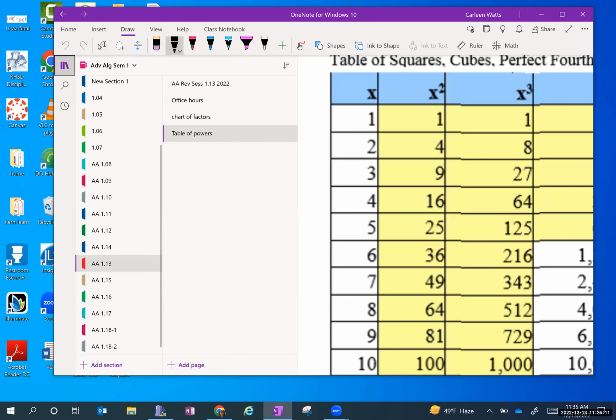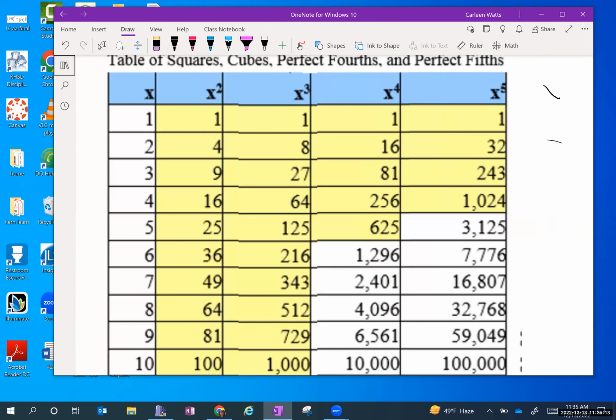Oh, table of powers. 9 and 243. What do you notice about the numbers 9 and 243? They're both powers. Yeah.